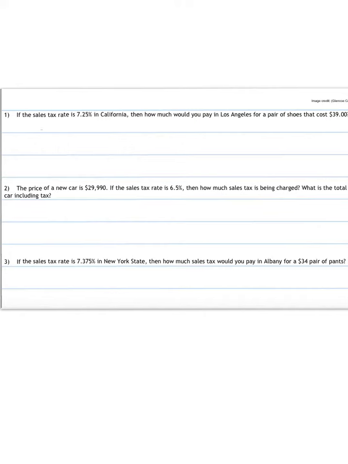So turn 7.25% into a decimal, moving it 1, 2. Okay, so that's it as a decimal. Then you take that and you multiply by the price of the shoes, 0.0725 times 39.